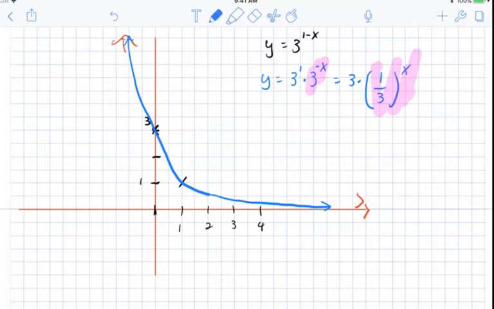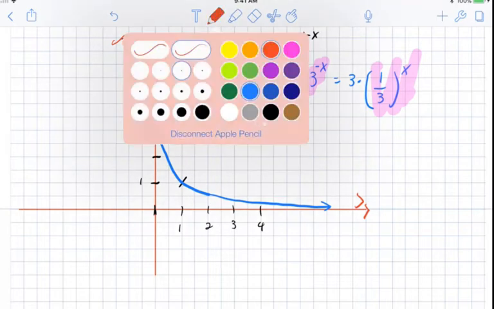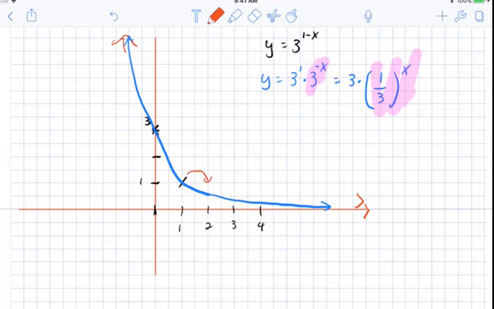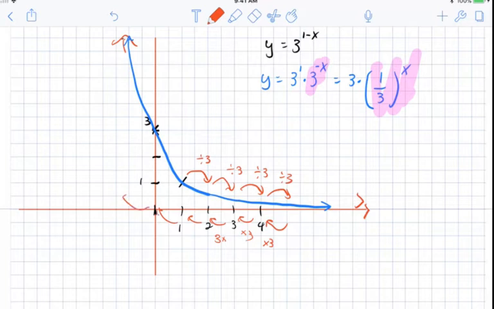So every step I take to the right, it decreases by a factor of 3. You divide it by 3, you divide it by 3, and the result is a horizontal asymptote. On the other hand, if you move to the left, that's like multiplying by 3, 3 times higher, 3 times higher, 3 times higher, and this thing gets taller and taller.